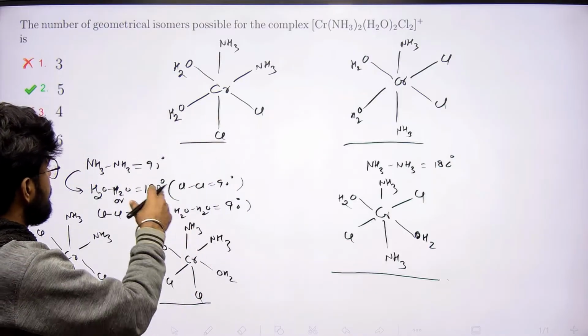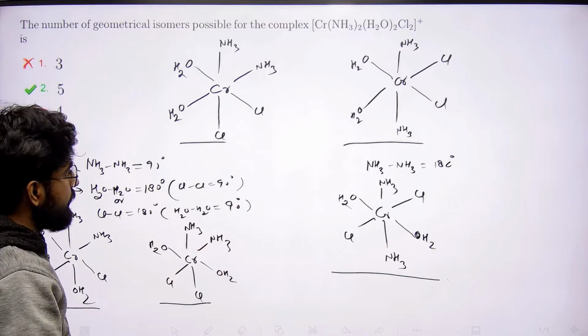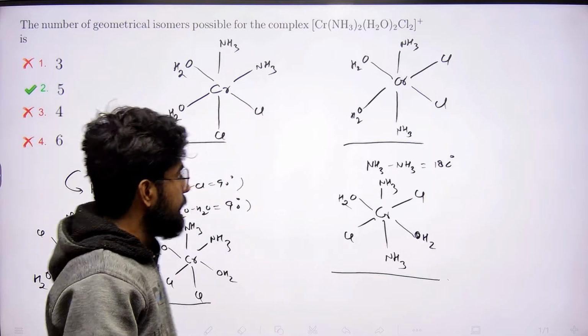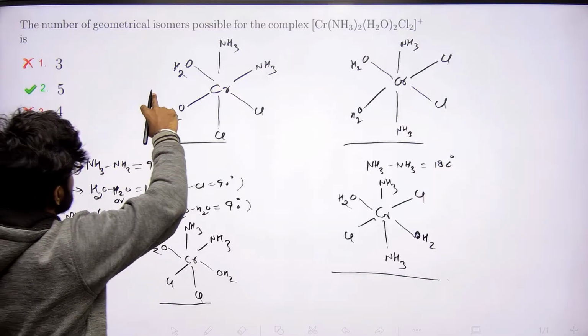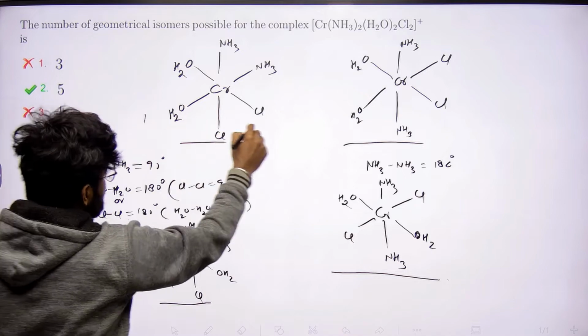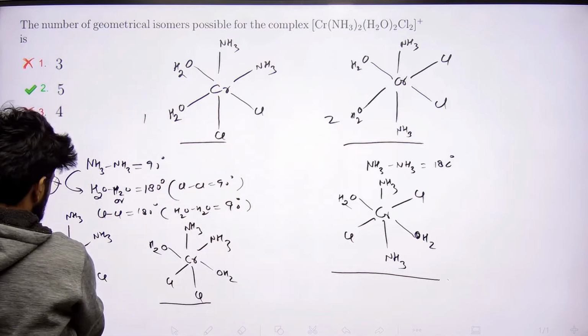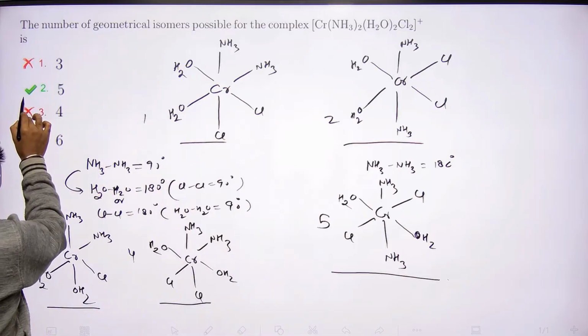Beyond these, no other possibility can really be thought of. So the total number of isomers that can possibly be drawn for this complex is 1, 2, 3, 4 and 5. So the correct answer is option number 2, which is 5.